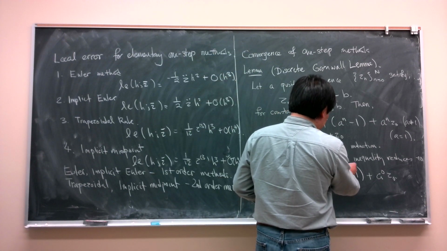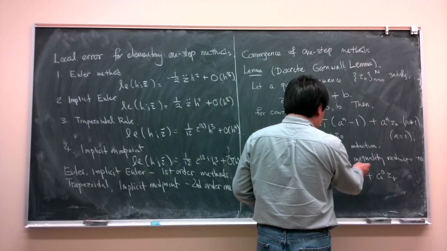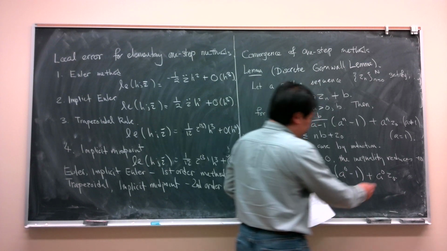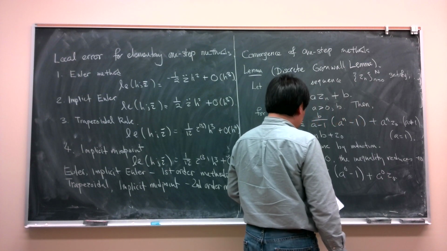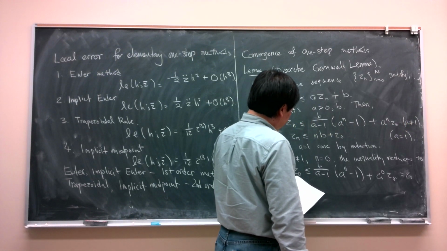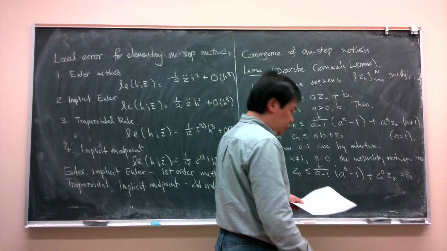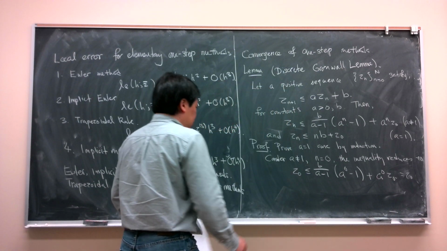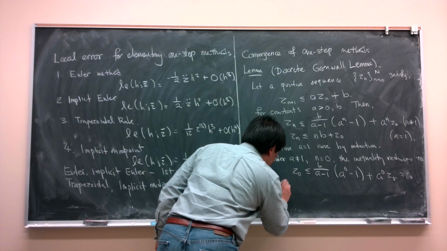But of course, a to the 0 is 1, 1 minus 1 is 0, so this first term vanishes and you're left with just 1 times z0, so that's just z0. So the first condition is saying that z0 is less than or equal to z0, which obviously is satisfied. Okay, so this holds.